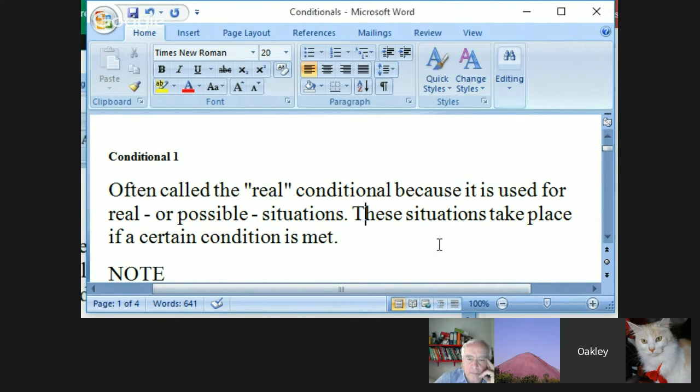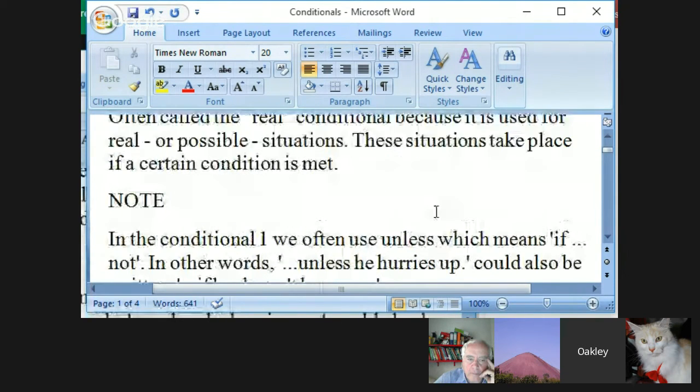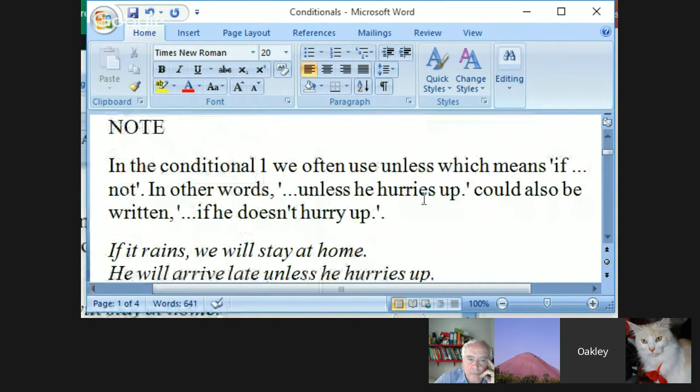I'm using a future tense in the result clause. That's the only difference between the 0 conditional and the first conditional. Again, some grammar material you will hear doesn't even talk about the 0 conditional. So, whatever.